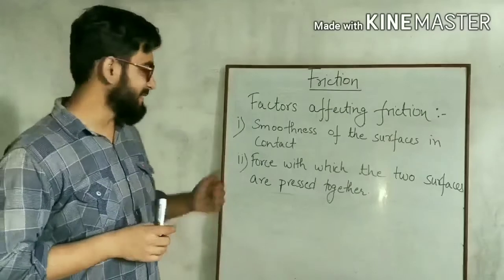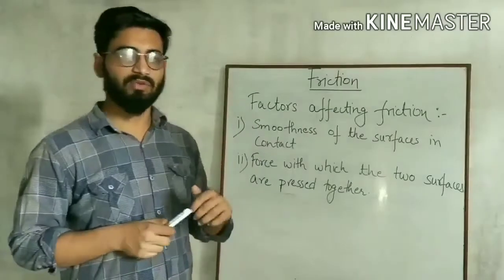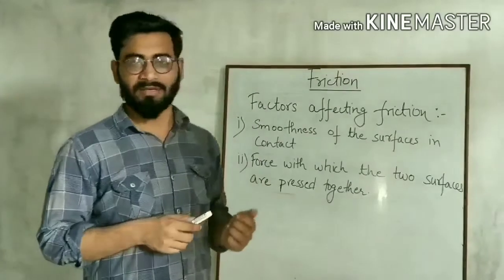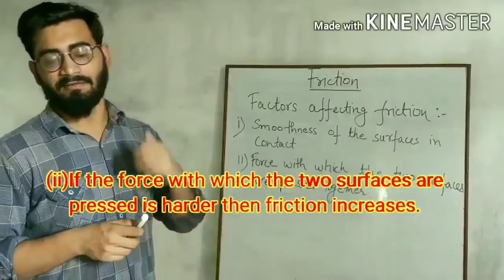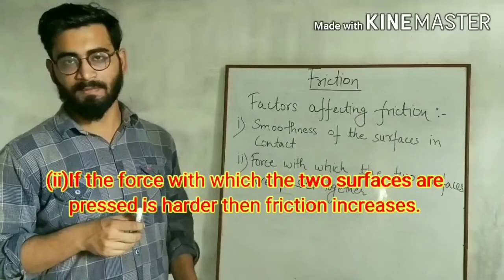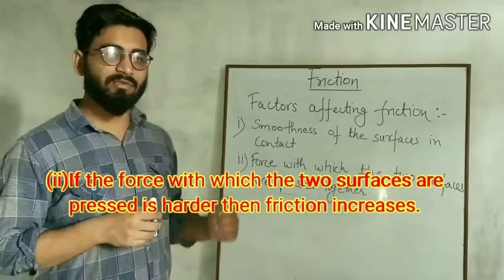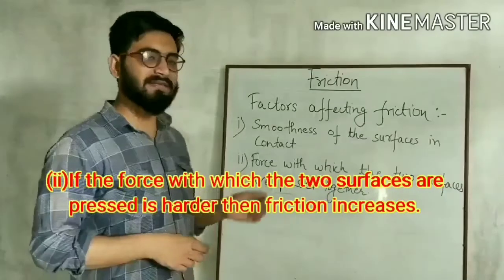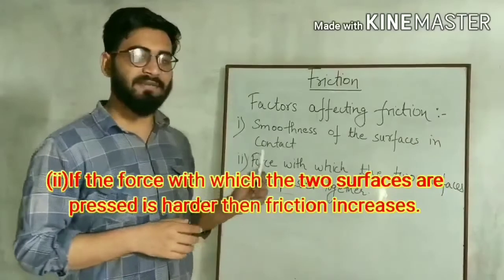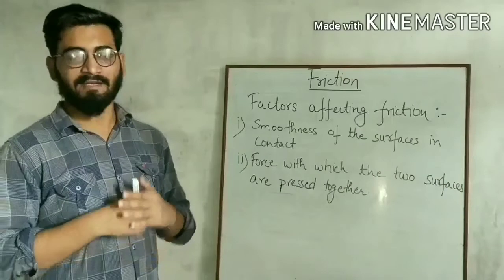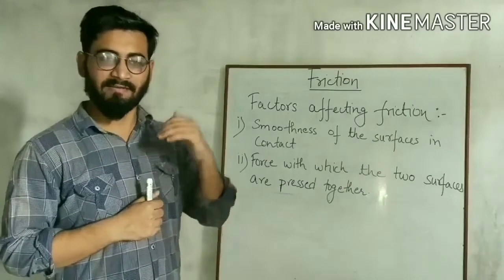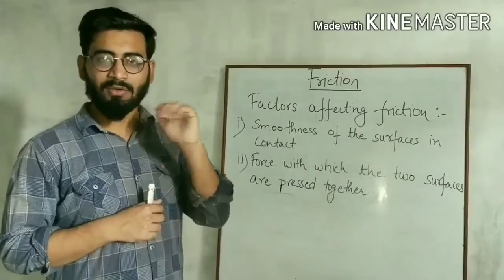So what is the second factor? Force with which the two surfaces are pressed together. If the force with which the two surfaces are pressed is harder, the friction will be more. So what are the two factors which affect friction? The first factor is smoothness of the surfaces in contact. That means if the smoothness increases, friction decreases, and if the roughness increases, friction also increases.